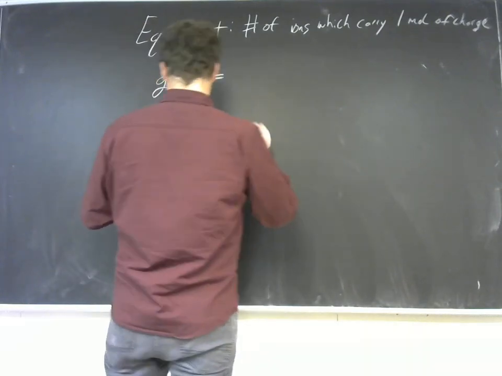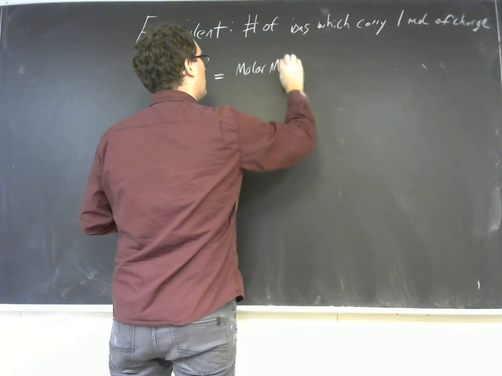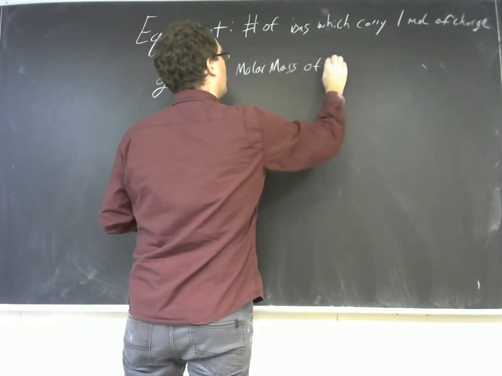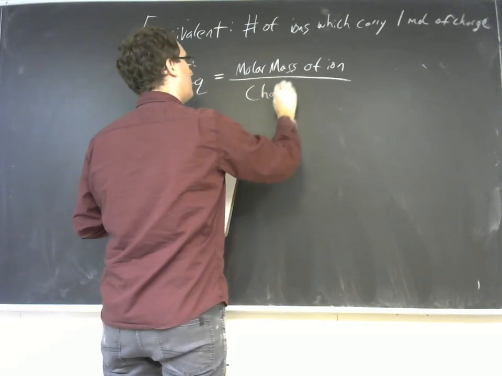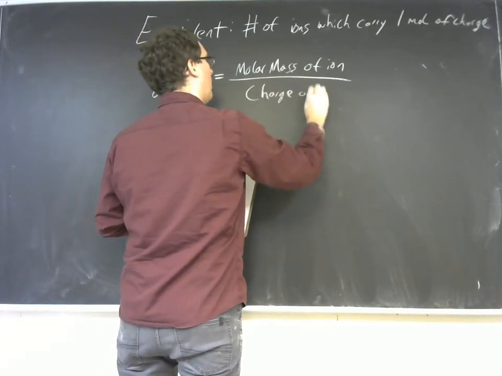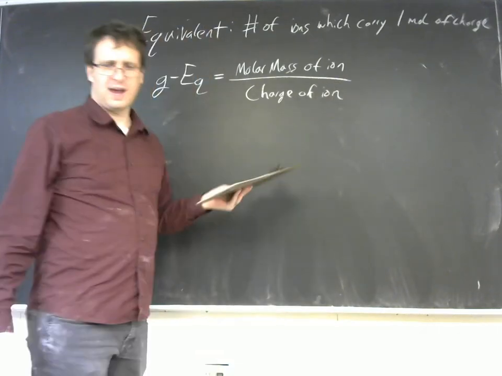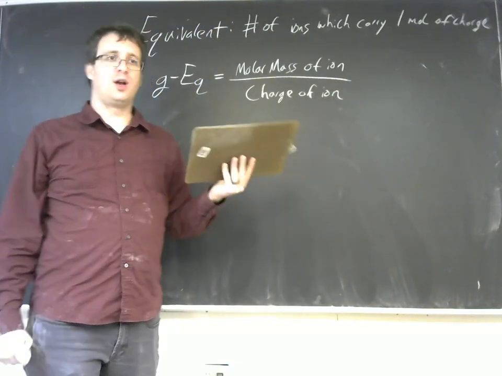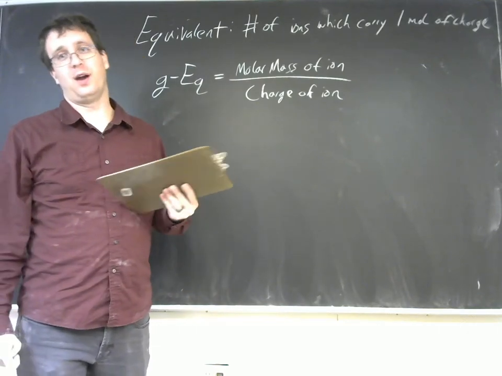So a gram equivalent would be the molar mass of an ion divided by the charge of that ion. So the molar mass divided by the charge of the ion would give you the gram equivalence for that ion.